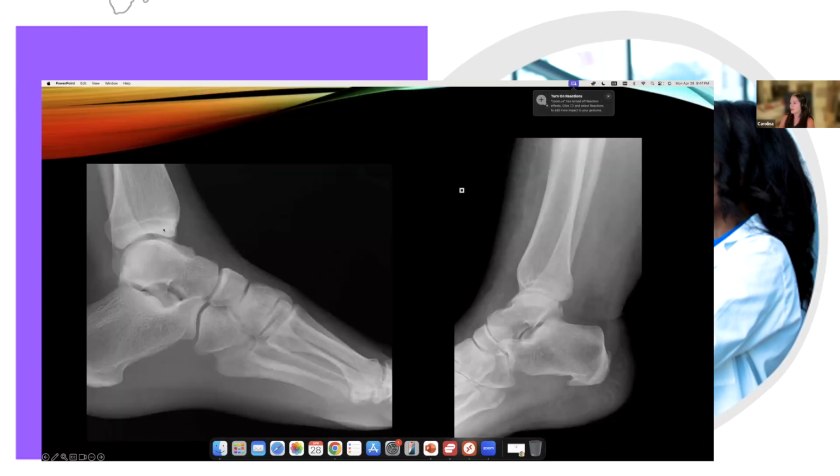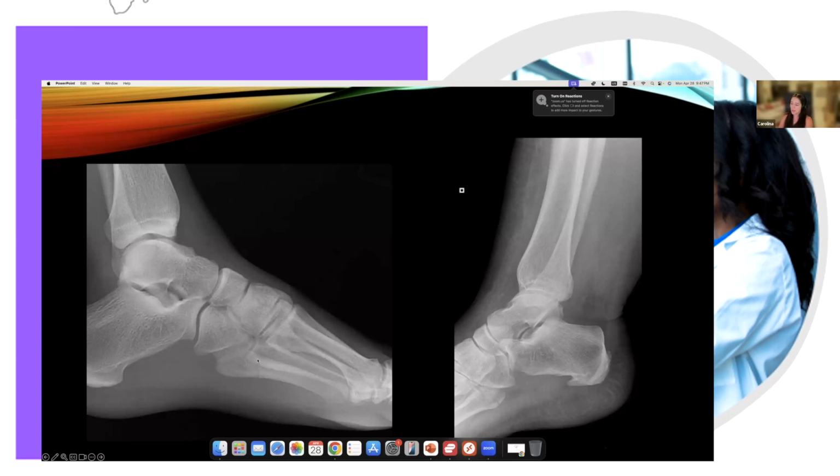Now, we analyzed the ankle before. We mentioned that the lateral views of the ankle were very important. We want to also assess the posterior aspect of the distal tibia. However, something I didn't mention before, because I wanted to talk about it at this point, is that the lateral view of the ankle always needs to include the base of the fifth metatarsal.